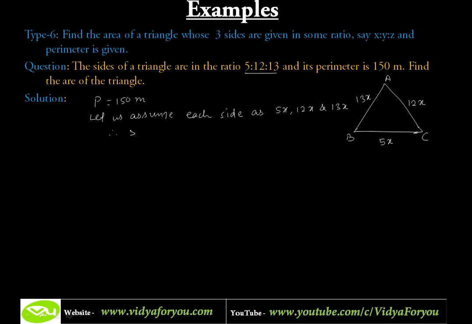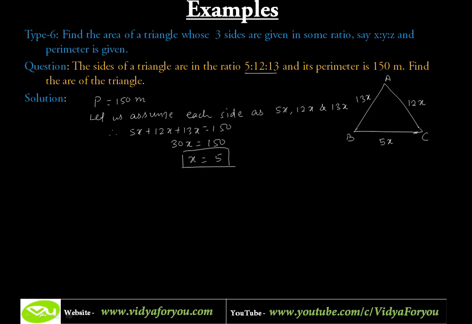Hence 5x plus 12x plus 13x will be equal to 150. 30x will be equal to 150, x is equal to 5. So we got the variable x.